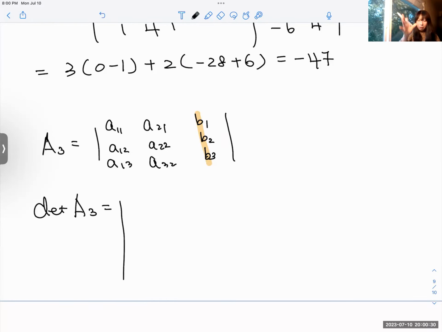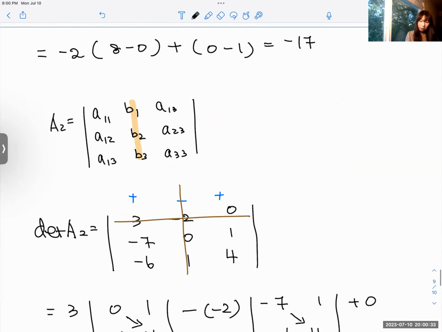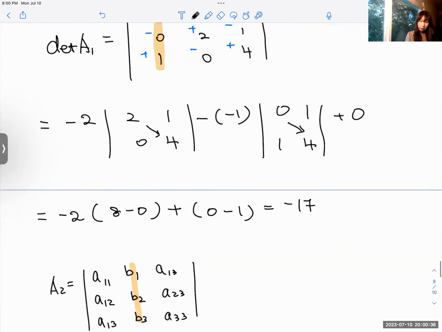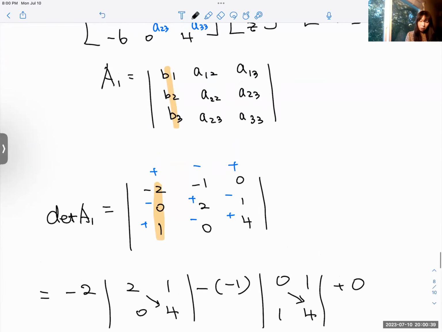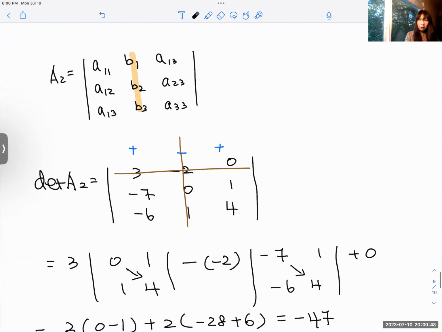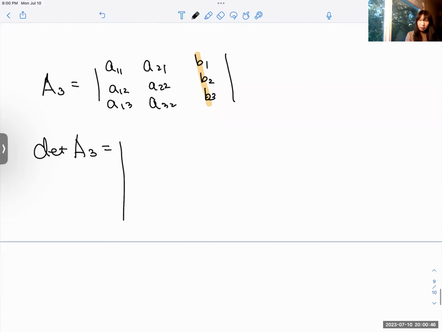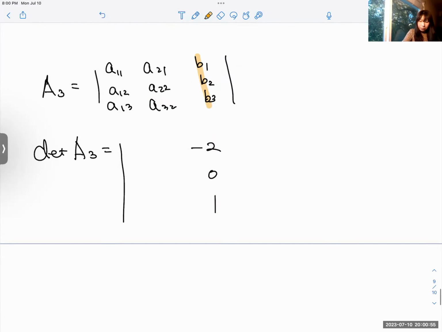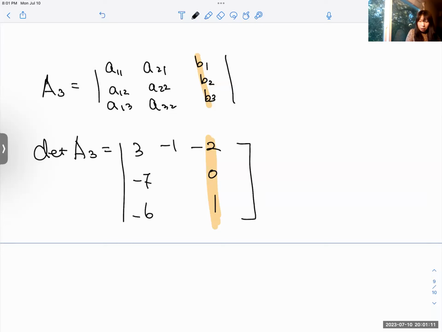Now the third column for B. So we will get negative 2, 0, 1, which is from the B. Now A sub 1, 1: 3, negative 7, negative 6, negative 1, 2, 0. All right, now.